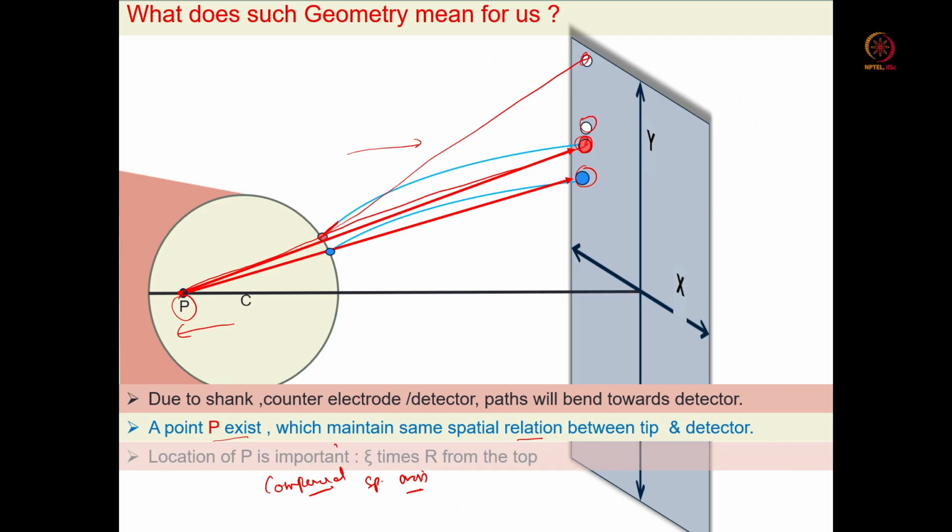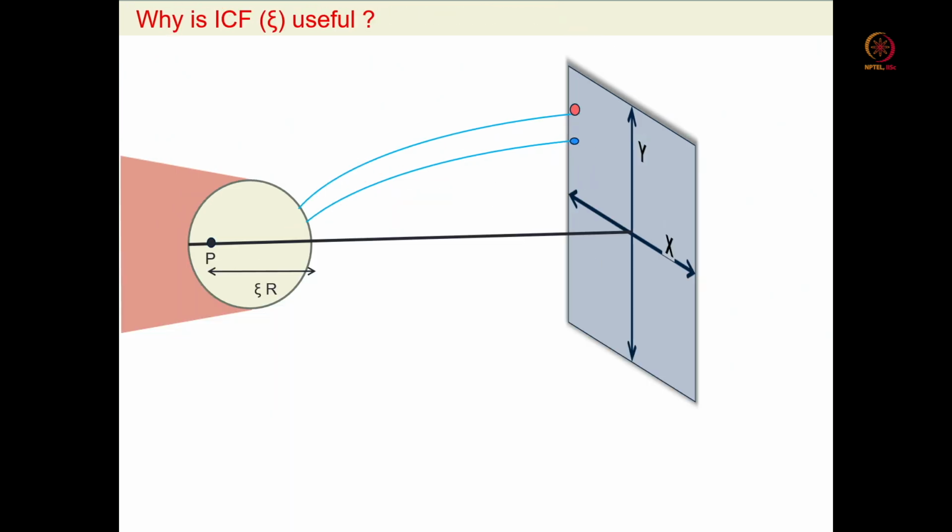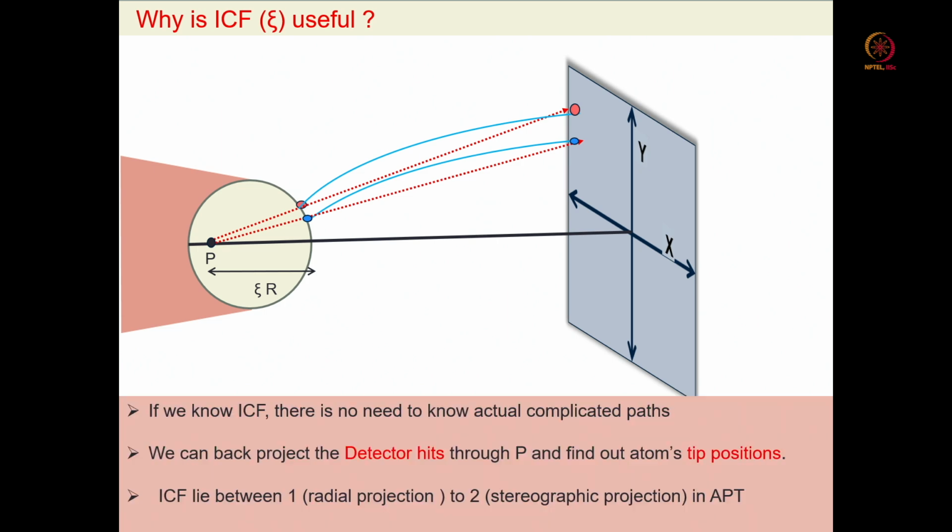Now this distance from the tip surface to P is related to xi r, where xi is called the image compression factor. With this we also talked about how the detection happens and how it is converted to the position of xd and yd.